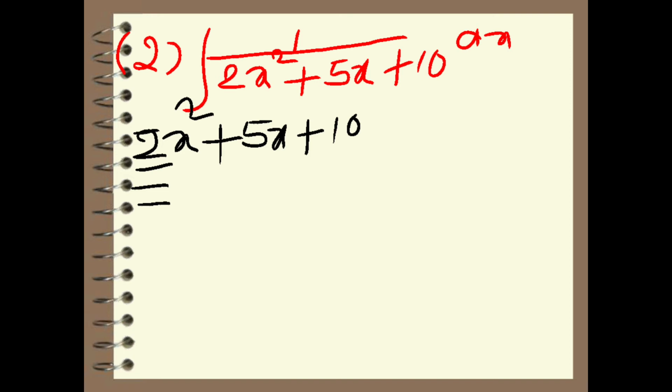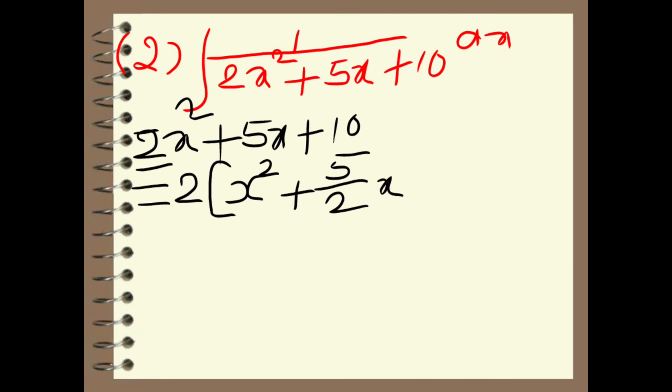Here x square coefficient is 2. So we have to take common 2 from the total expression. So x square plus 5 by 2 into x plus 10 by 2, that is 5. Okay, this is the first step.